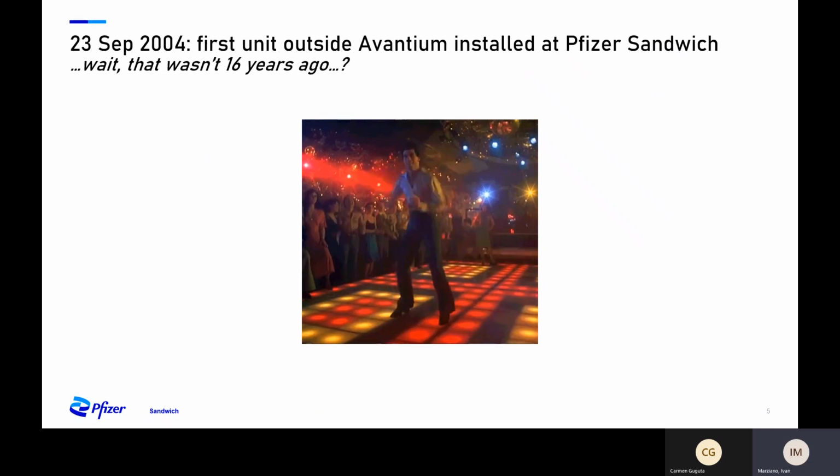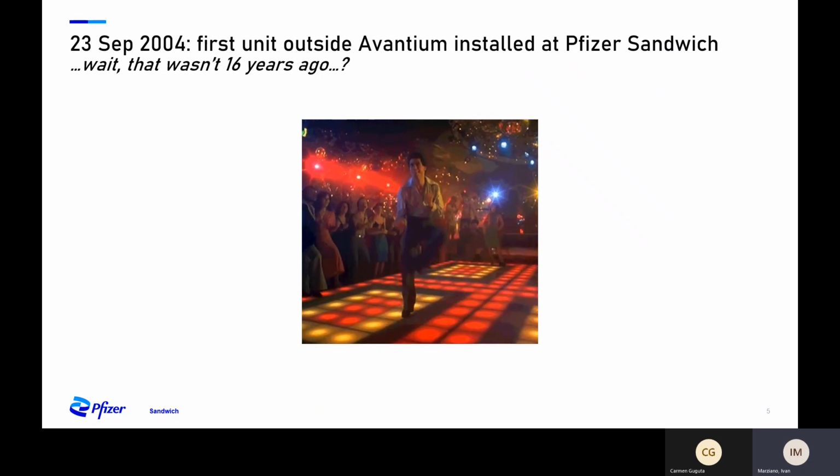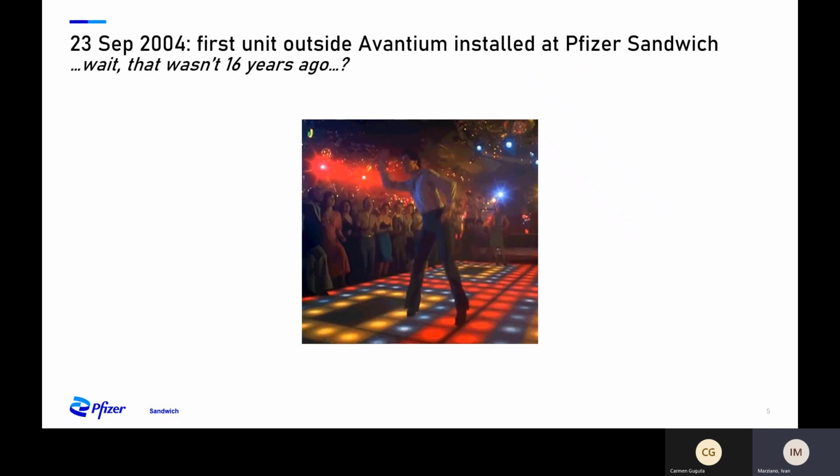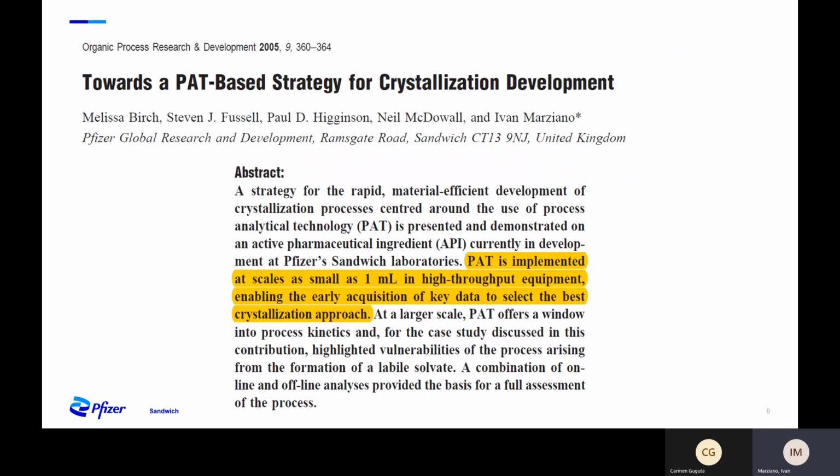As I said, the value was obvious, and the platform was incorporated in our workflow with really good results straight away, to the point that within a few months we were able to do our first publication that talked about using the Crystal 16 within our workflow.